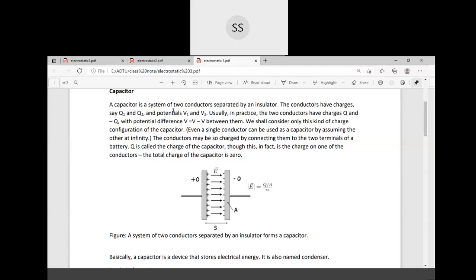A capacitor is a system of two conductors separated by an insulator. So there is a positive plate and a negative plate. The positive plate has the same amount of charge as the negative plate. If we don't put an insulator in between the two plates, they will get attracted towards each other, right, since one is positive and the other is negative. So we put an insulator in between the two plates.